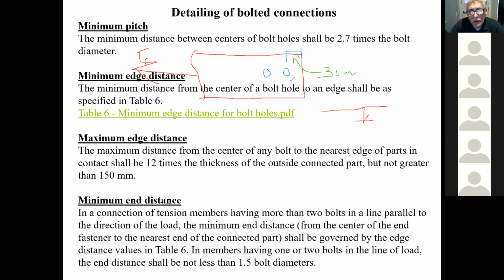And guys, these distances are always from the center of the hole to the edge, not from the edge of the hole to the edge. So keep in mind this has to be 1.5 times the diameter of your bolt, not of your hole, of your bolt.